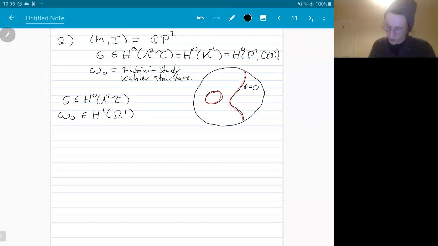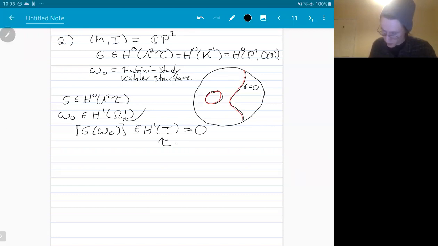So that means that if we combine sigma and omega, and take the cohomology class, then this one-form part will hook into the bivector field and give a tangent vector component. So this is going to be an element of H1 of T. And for CP2, the complex projective plane, this is 0.